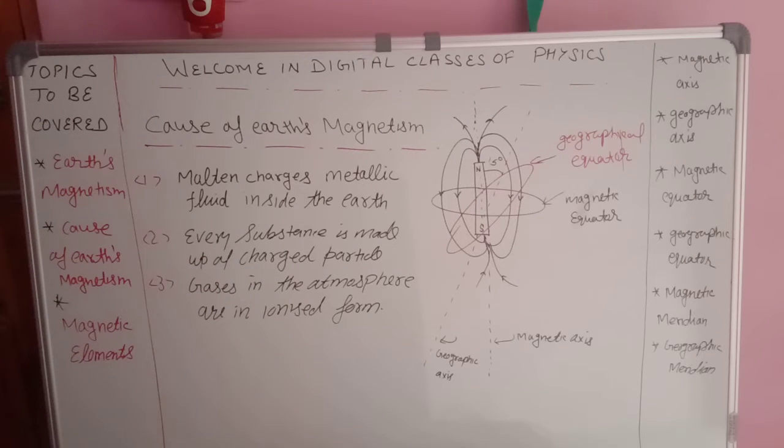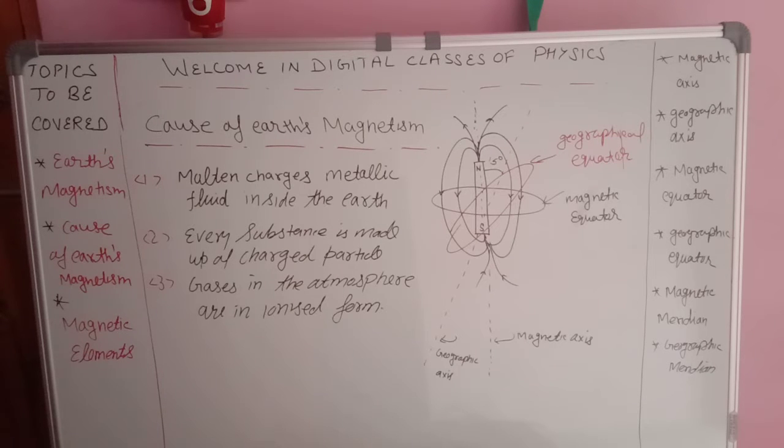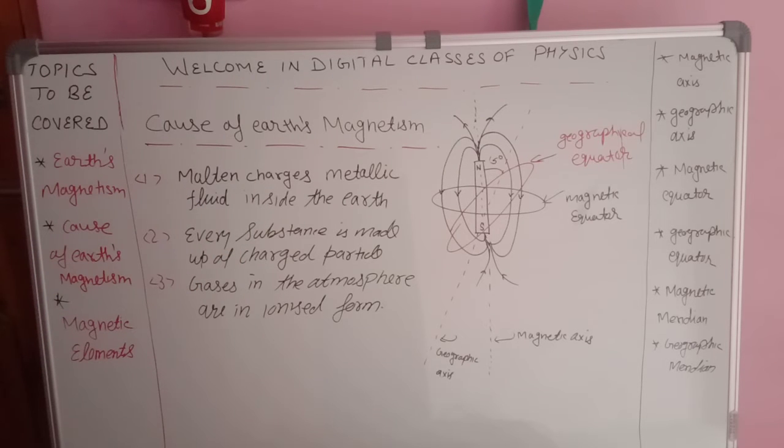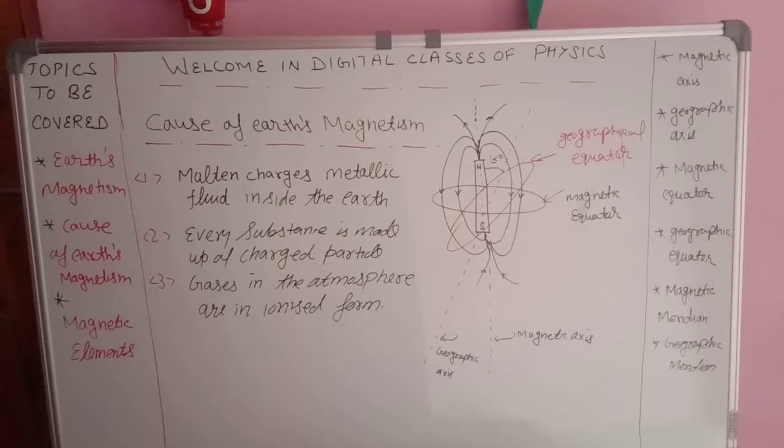When the Earth is behaving as a magnet, please pay attention to the words: the north pole of the Earth magnet is towards the geographical south, and the south pole of the Earth magnet is towards the geographical north. It means opposite. On the side where geographical north is, there is the south of the Earth magnet, and on the side where geographical south is, there is the north of the Earth magnet.